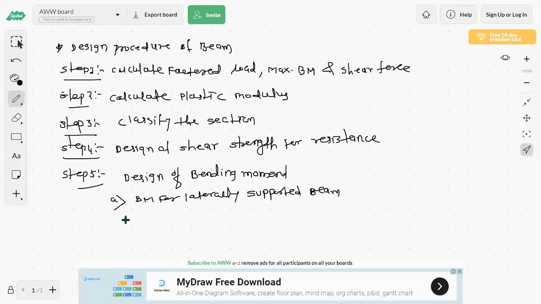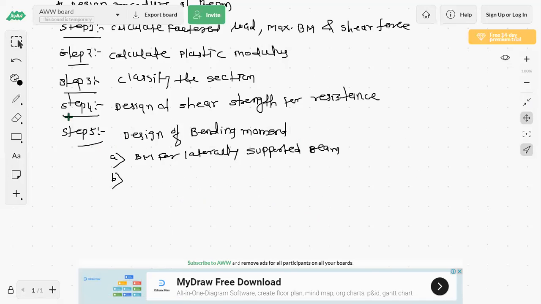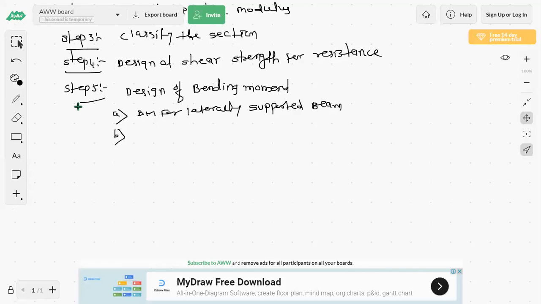Up to this we have covered in the last lecture. So today we will see the bending moment for laterally unsupported beam.